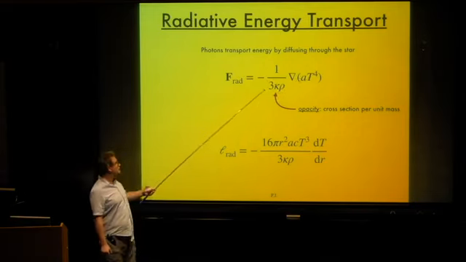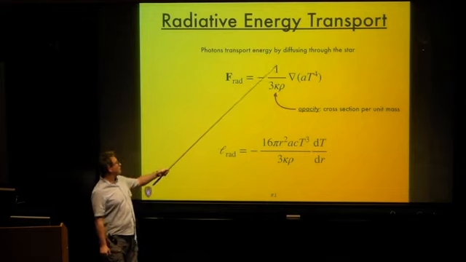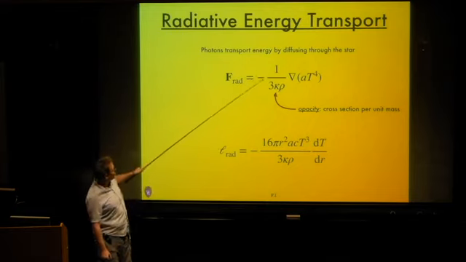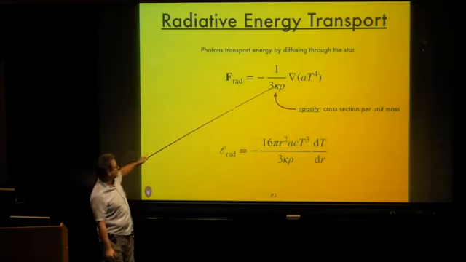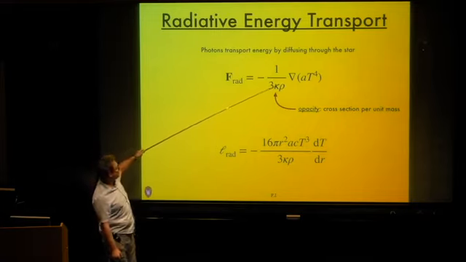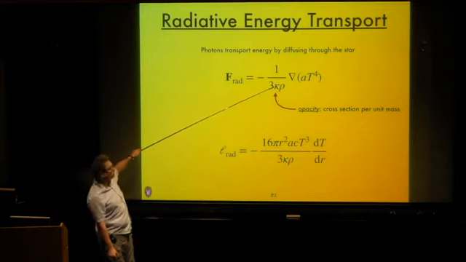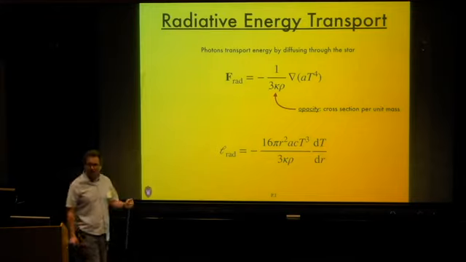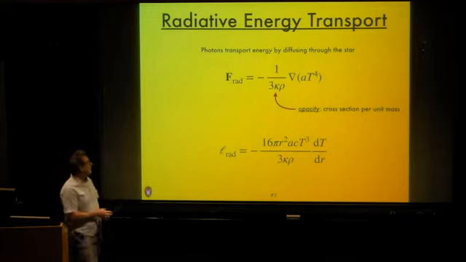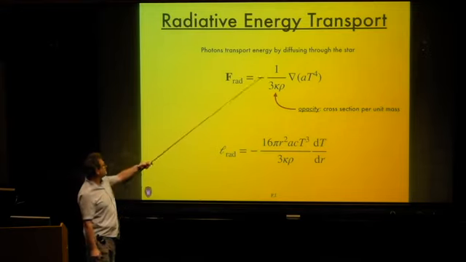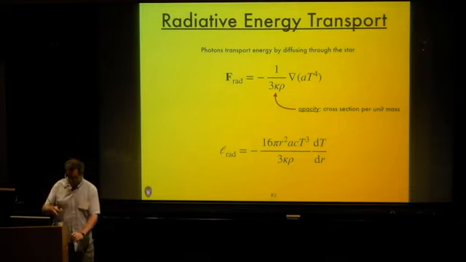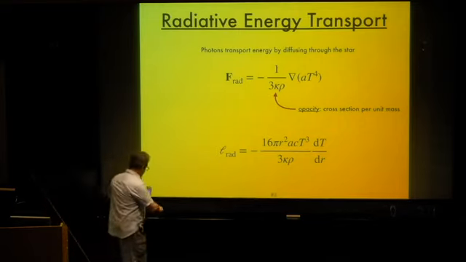And then out front, we get a diffusivity, which is basically 1/3 divided by the mean free path of photons in the medium. And often we represent that mean free path as an opacity, a cross-section per unit area, times a mass per unit volume, the density. So this is just the basic radiative diffusion equation in stellar interiors, and we can rewrite this in terms of the internal luminosity L. It's very straightforward.